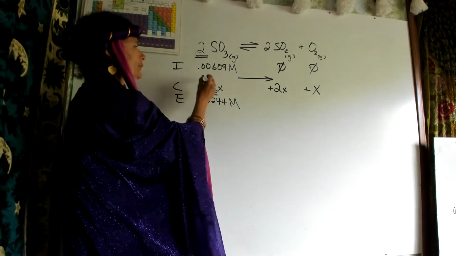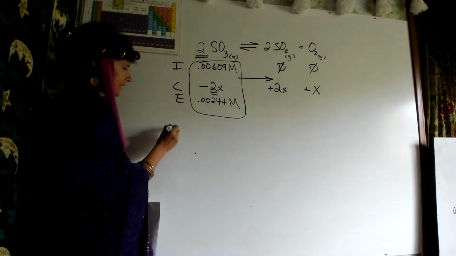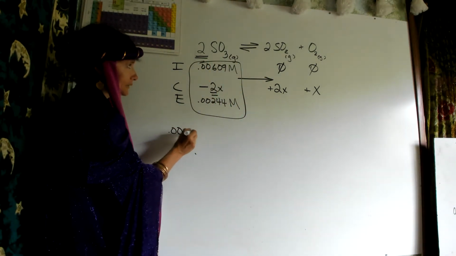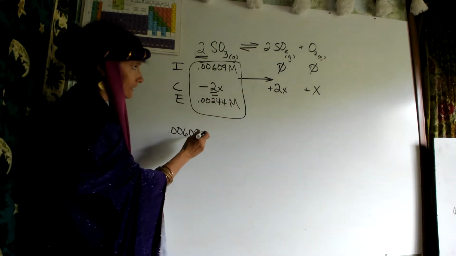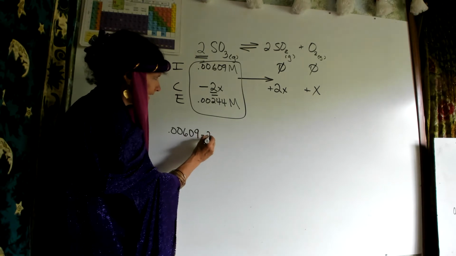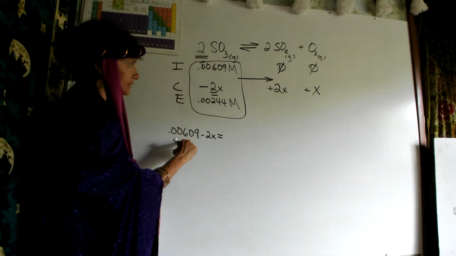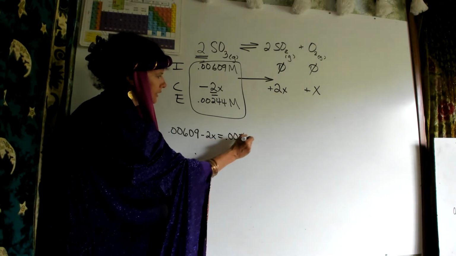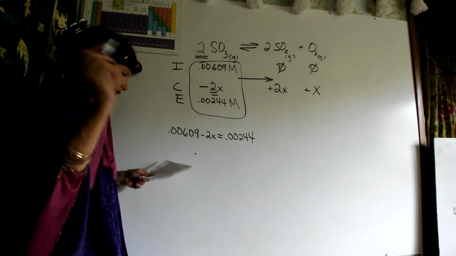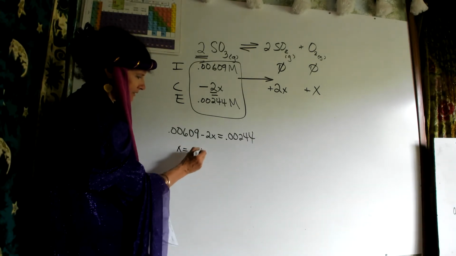So what we know is true is this column, 0.00609. In the chart, I have units. Down here, I can leave off the units, minus 2x. So I plus C equals E. So 0.00609 minus 2x equals 0.00244. You do your algebraic magic, and we get x equals 0.00183.